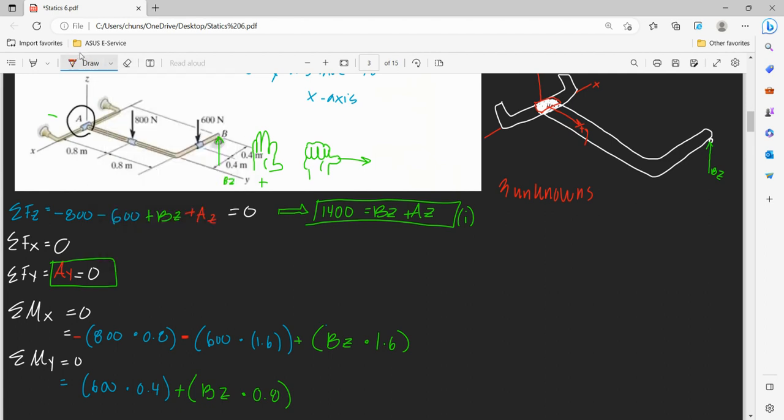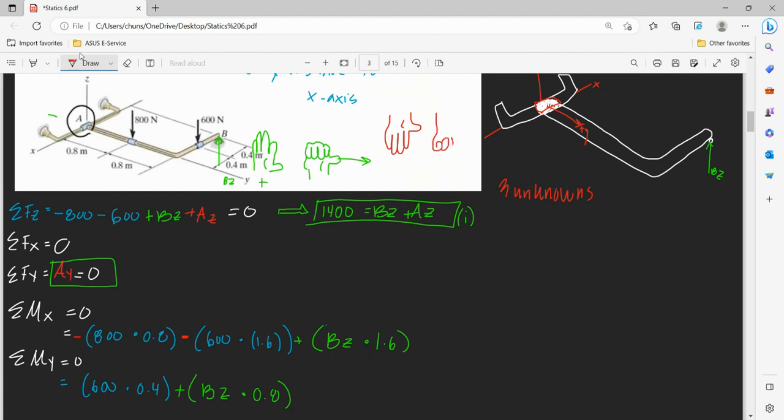And for our 600, so this is going to be head on of what our hand looks like. I'm going to point down. Sorry, let me try and redraw this. So we're going to point it down with our open palm. Right, and then you're going to grab it from underneath if you're to wrap your fingers around.